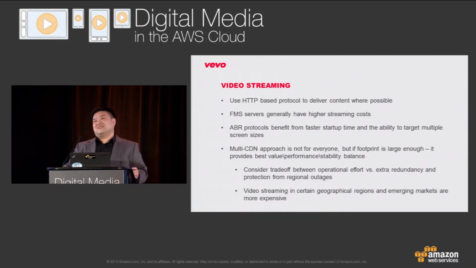Premier League soccer in Europe at one particular ASN may be struggling, whereas another is not. Being able to protect yourself from those types of issues versus the overhead that comes along with having multiple CDNs. It does have a lot of pros, but there are also drawbacks that you really have to consider when making that decision.